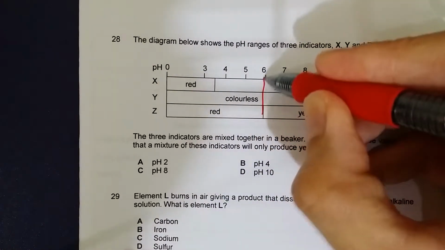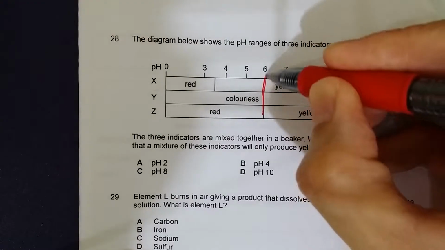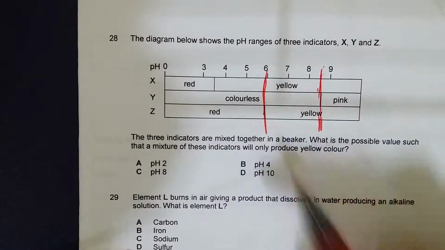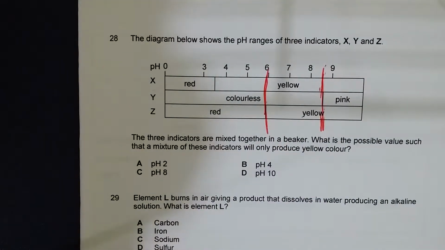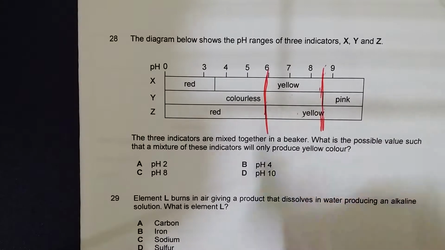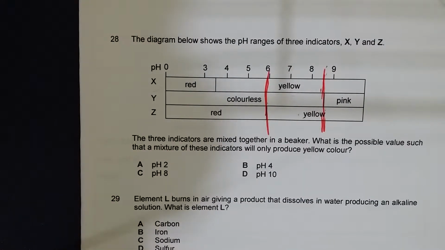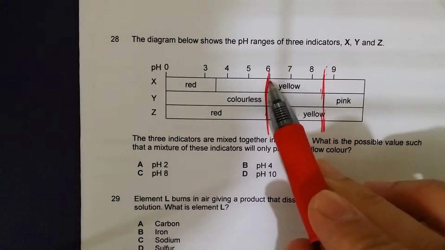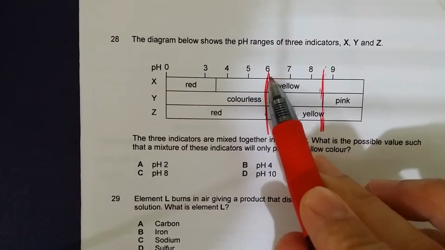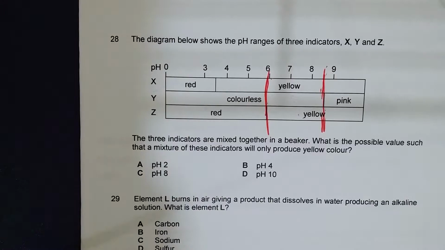So only this part will produce a mixture that will produce yellow color with the indicators, because yellow, colorless, yellow will give you yellow. So only when X, Y, and Z are within this pH range, which is from 6 to around 8.5.